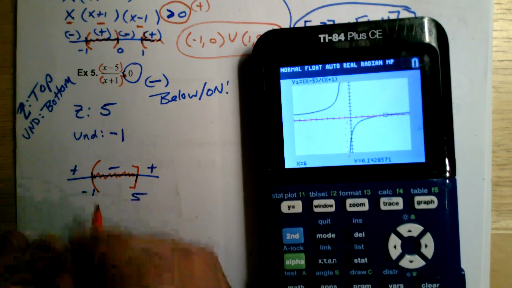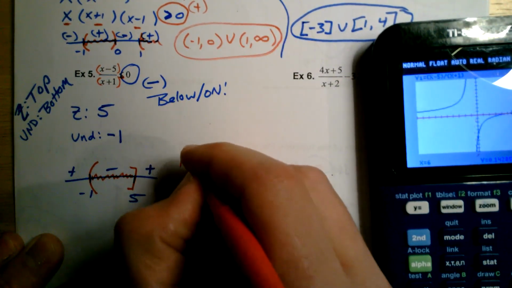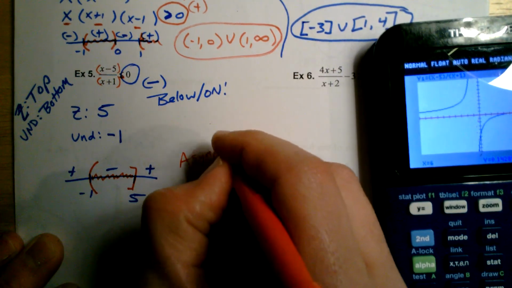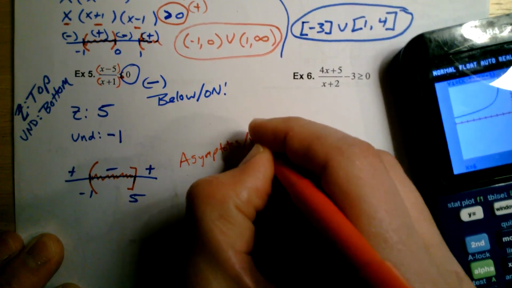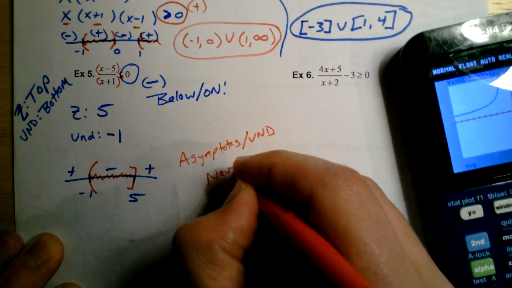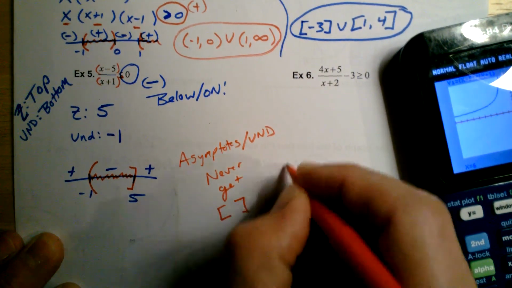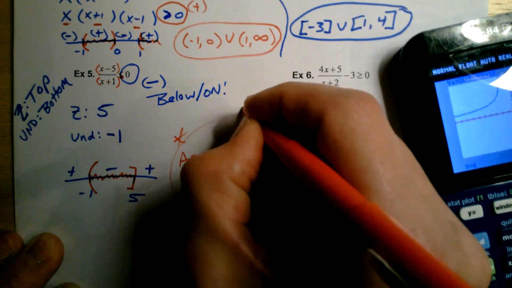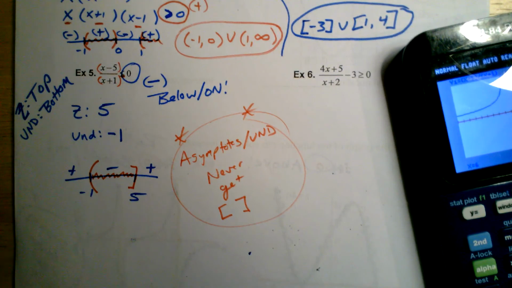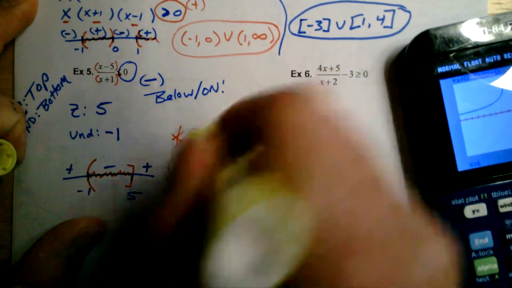But -1 is undefined. Okay, so again, asymptotes, which are again UNDs, undefineds, never get brackets. Again, star that up. Highlight it if you're a highlighting guy or gal. I am.